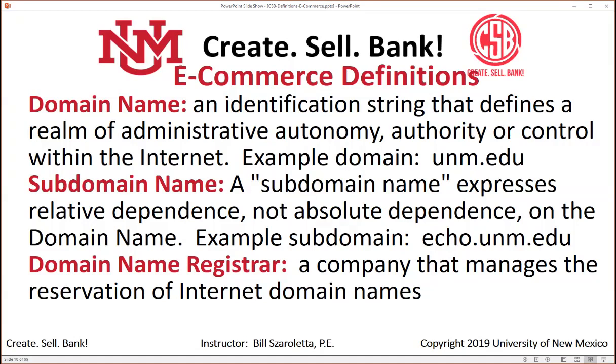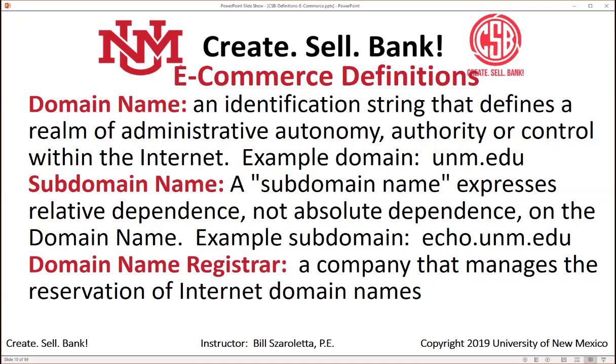You basically reserve them, you pay them some money, they hold it, and at the end of the time period, you can either renew that domain name or it will expire. It can go where other people can buy that particular domain.